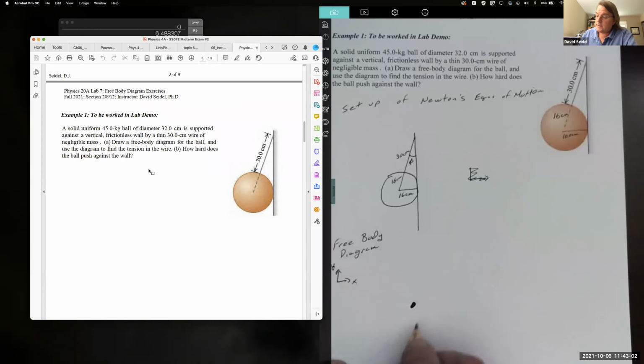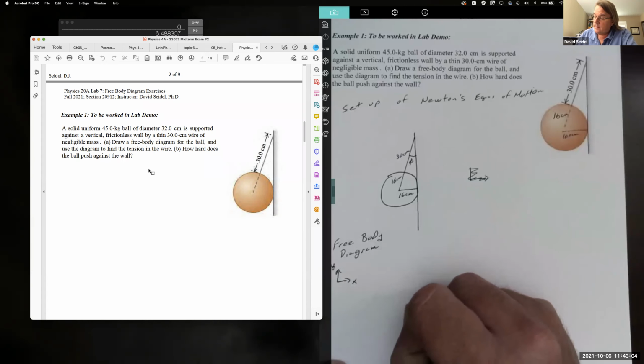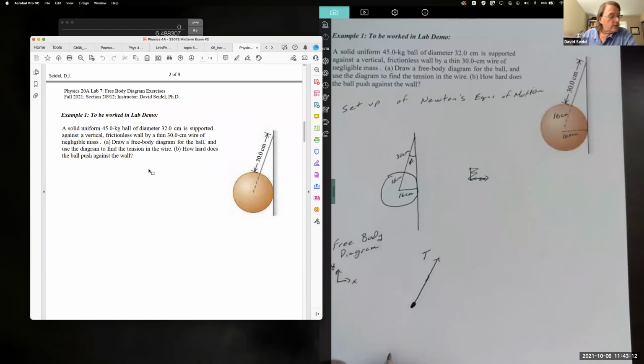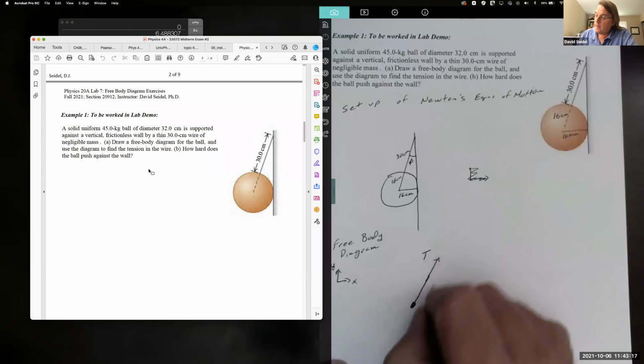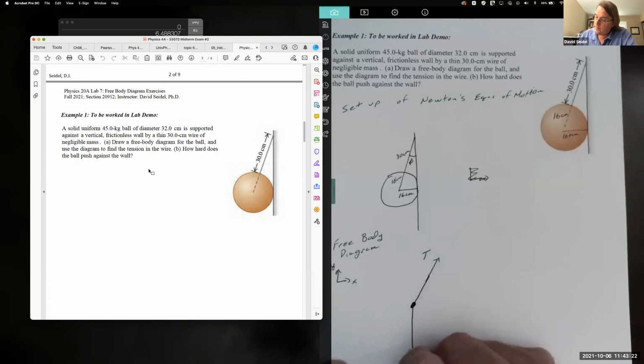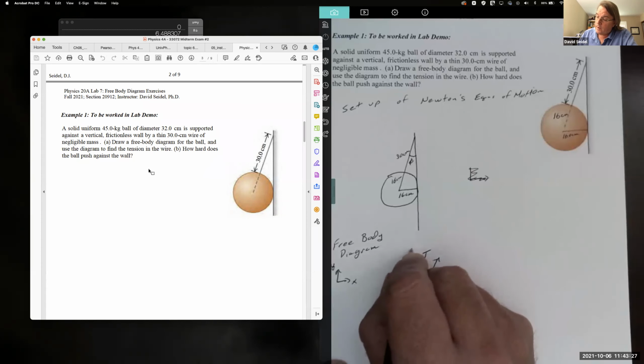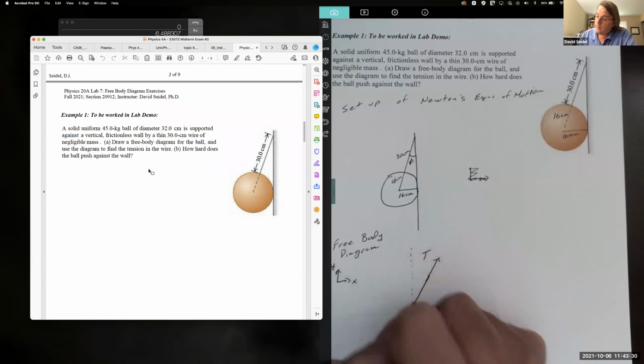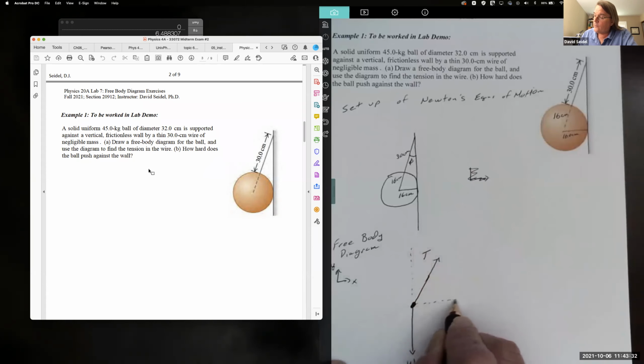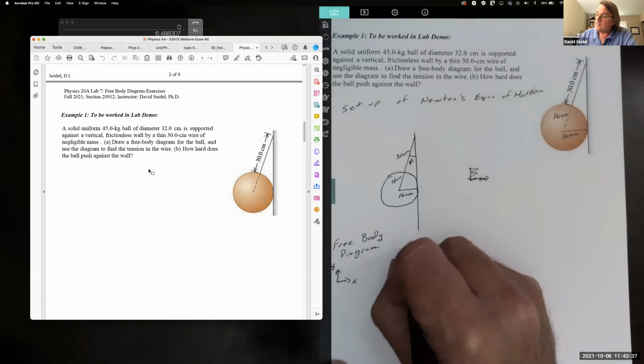Okay, it's got a force T, and I drew this kind of long, and it's got its weight W. I'm going to draw in a dotted line here and a dotted line here for my X and Y axes.